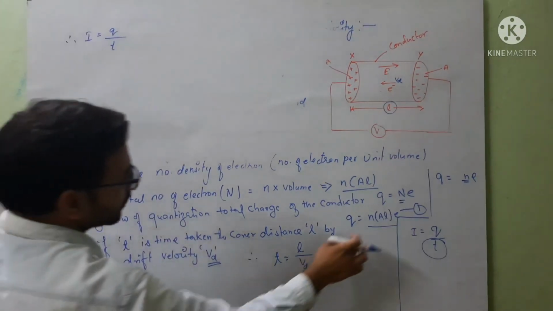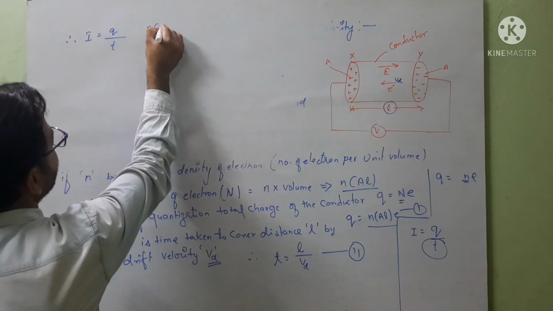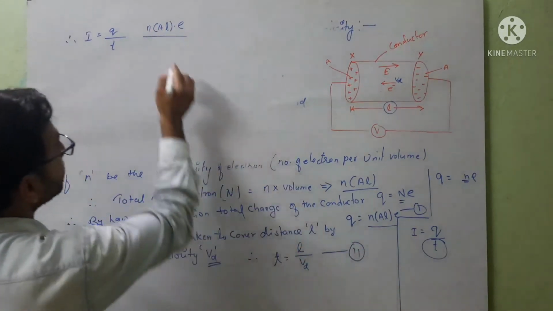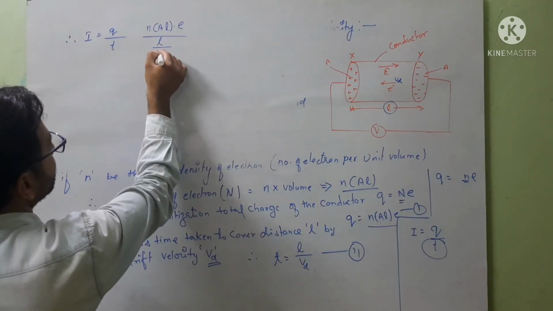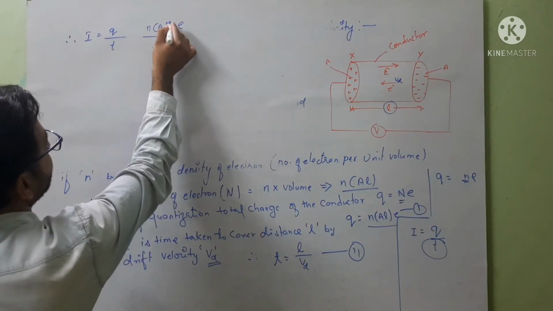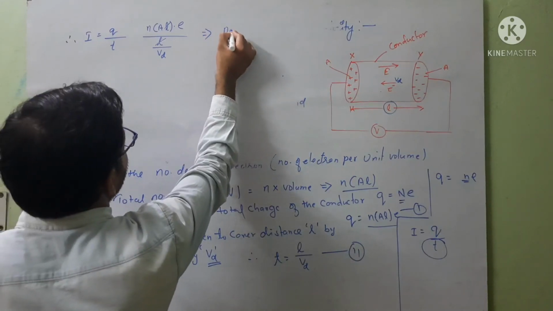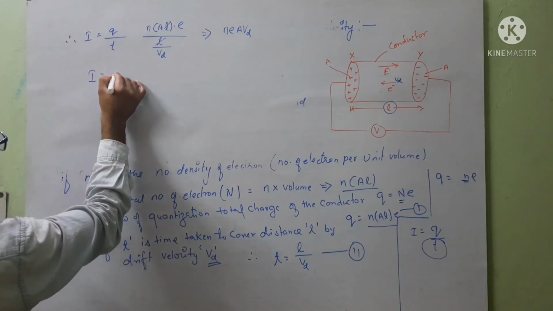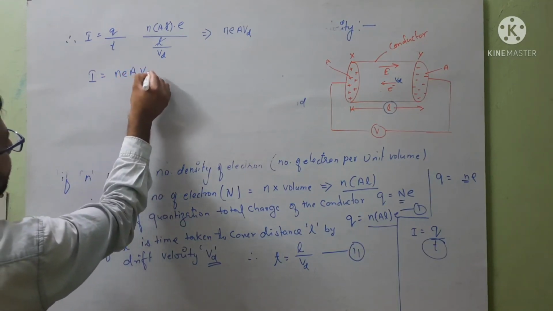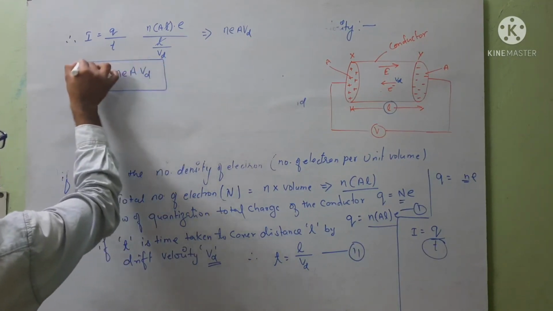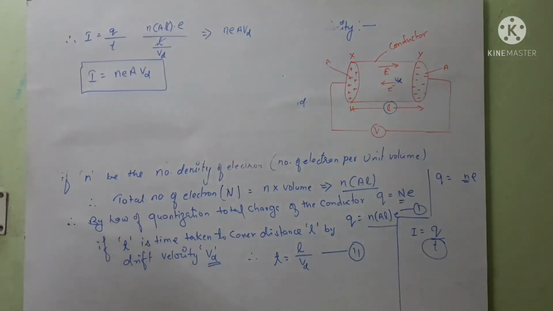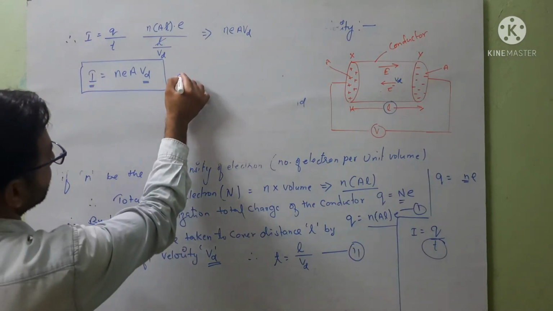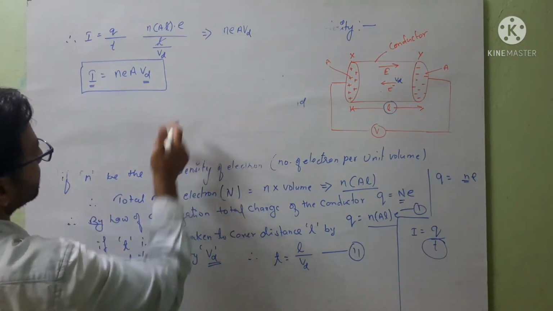In place of Q I will write nALe, and in place of t, L upon Vd. So L and L cancel, and we will get I equals nAeVd. So this is the relation between the electric current and drift velocity. Got it? This is our relation.